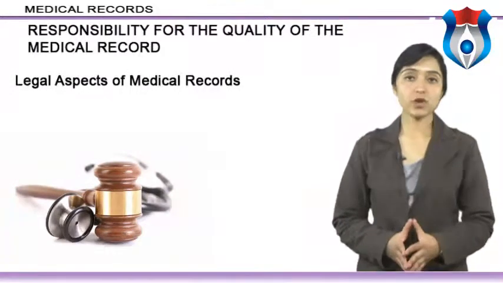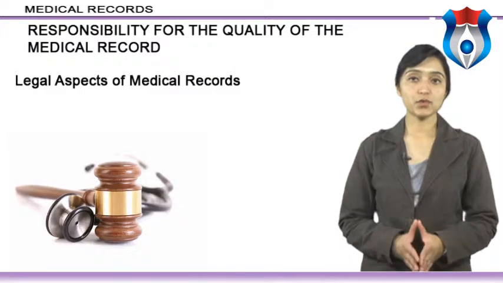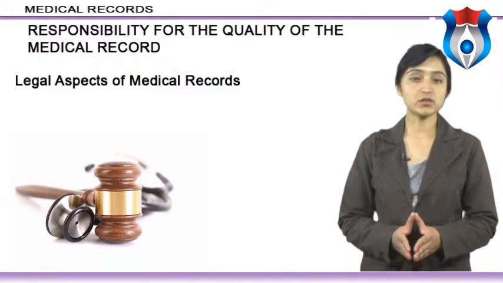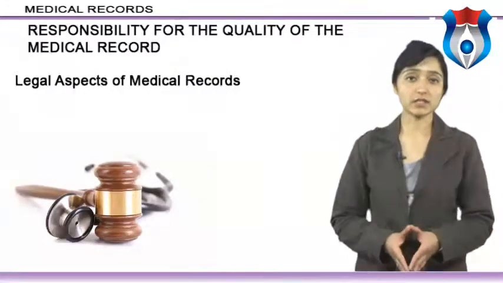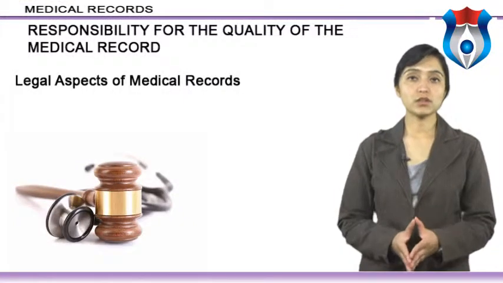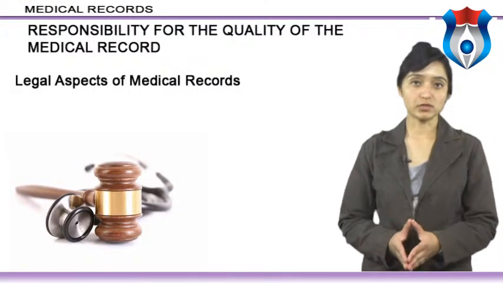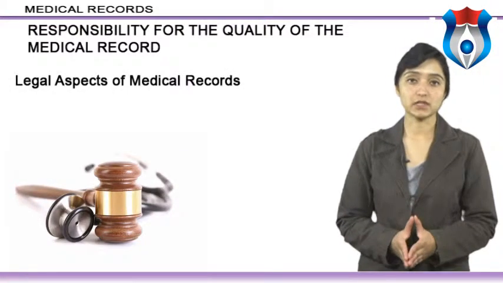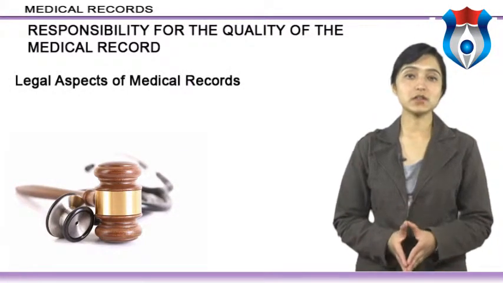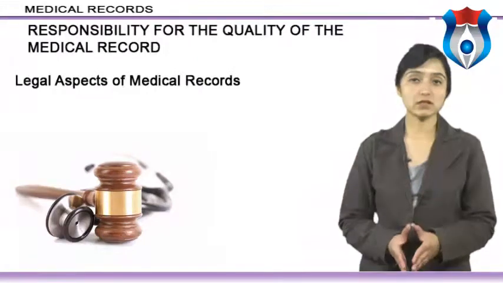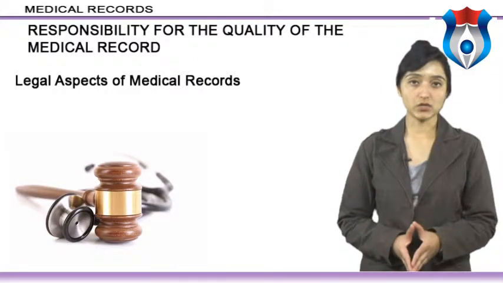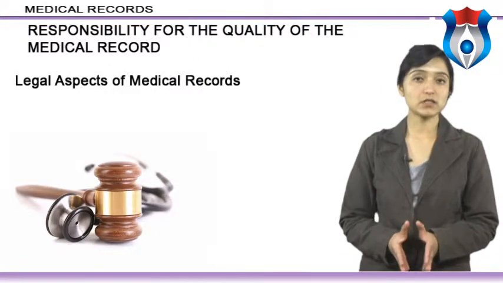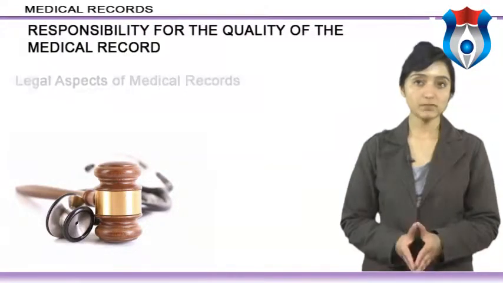The medical record serves a secondary and important purpose, and being a legal document is as such affected by laws, rules, regulations and institutional policy. The medical record is the property of the healthcare facility, while the personal data contained in the record is considered a confidential communication which must be protected in the interest of the patient.